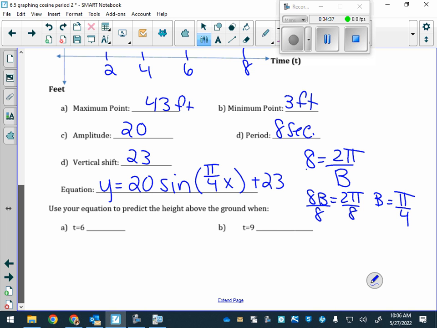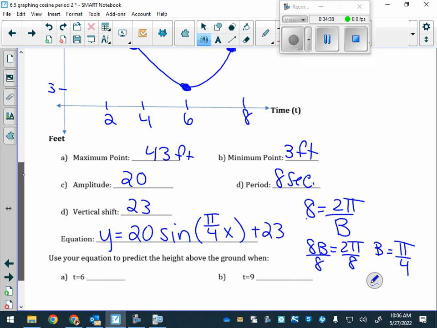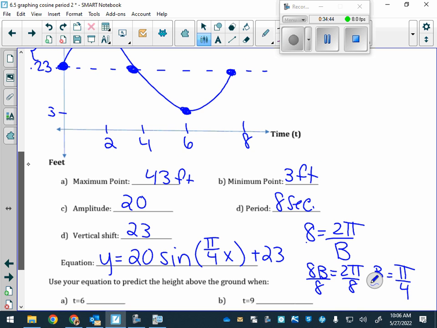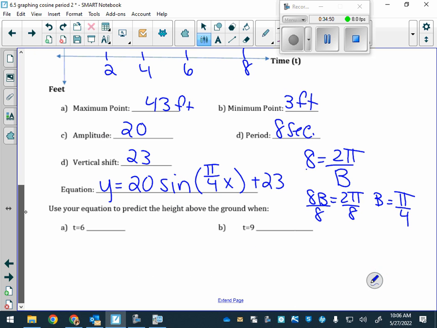Okay. So what is the height when t equals 6? So 6 seconds. What would that be? Great. It's okay. 3 feet. Okay. Now 9, do we see it anywhere? Careful, careful, okay? What can we do if we don't see it on our graph?